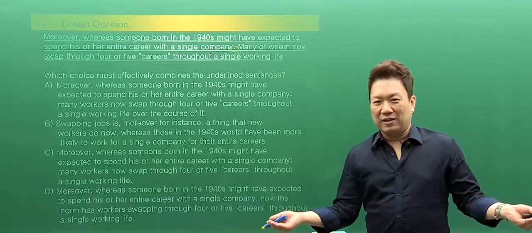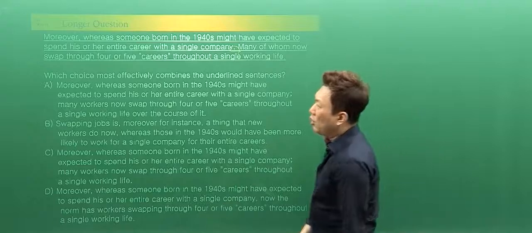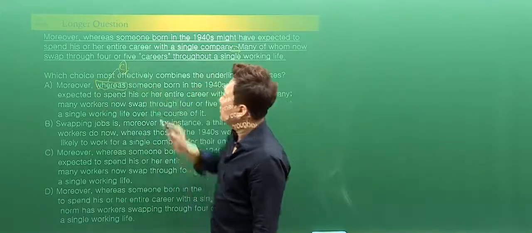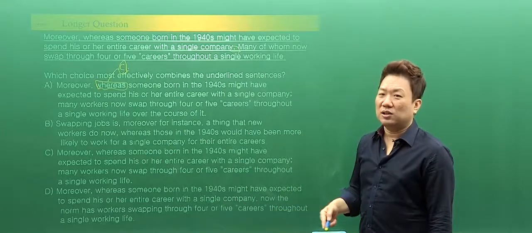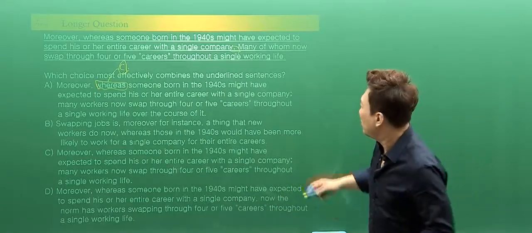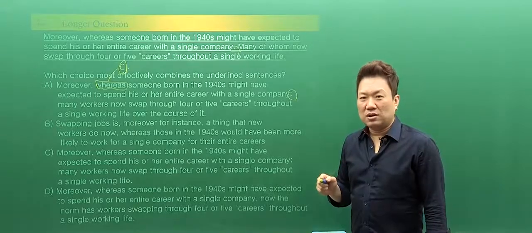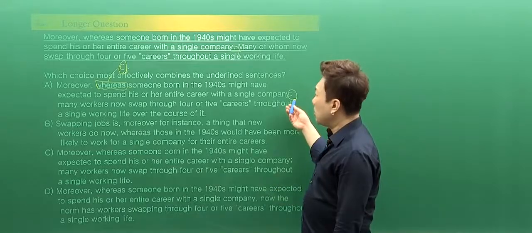So what did I say? What's the first step? Let's try to find a grammatical error. Here I see whereas, the conjunction. Is there any possibility to use another conjunction? Yes, always like this. Here, do you see it? A semicolon.